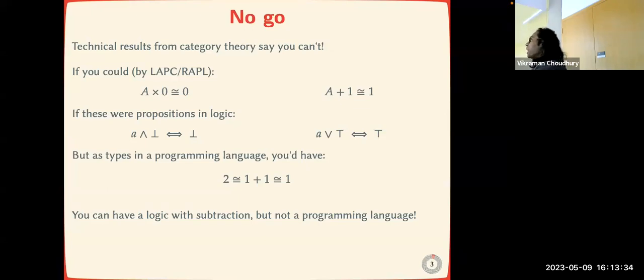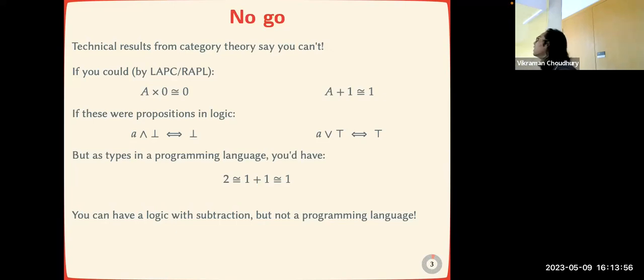Okay. Now think about propositions. If you think of propositions in logic, A and bottom is bottom, fine. A or 1, A or 2 is true. So just Boolean logic has these if and only if statements. But these are propositions. Let's say you have types.